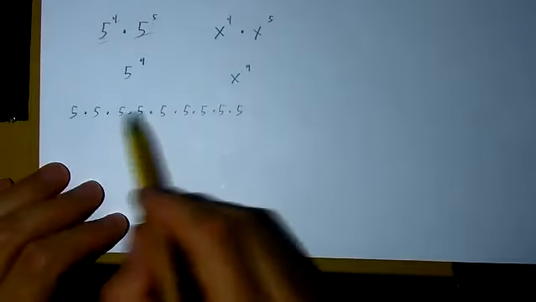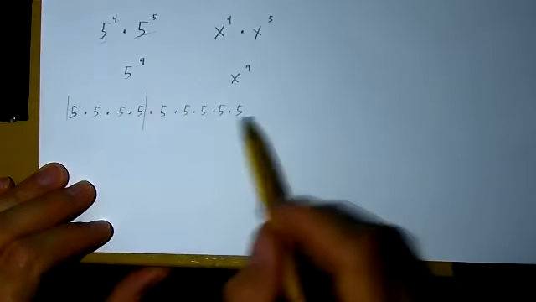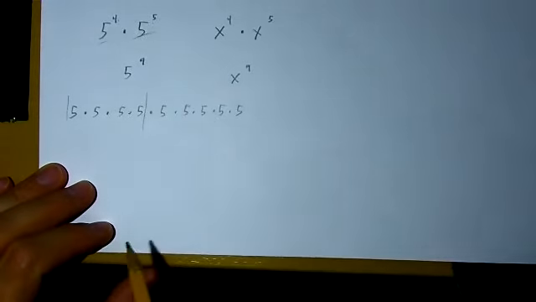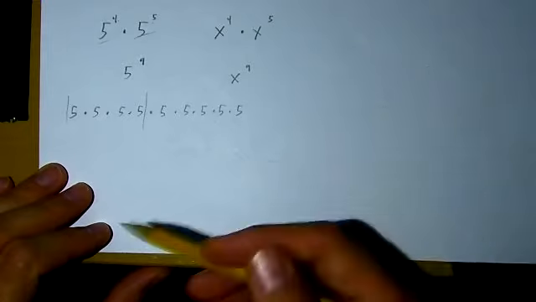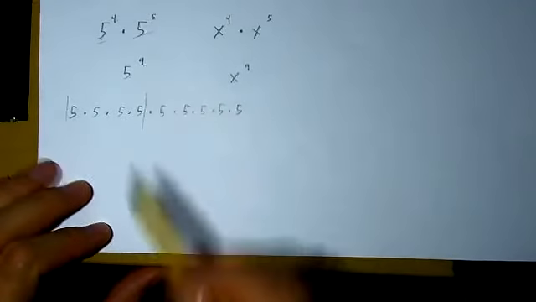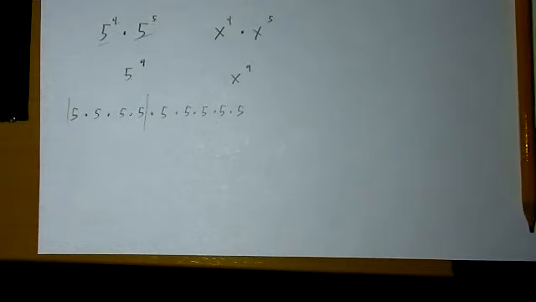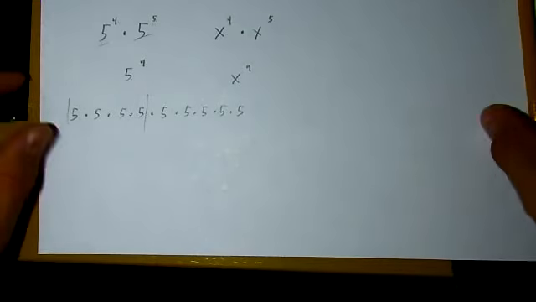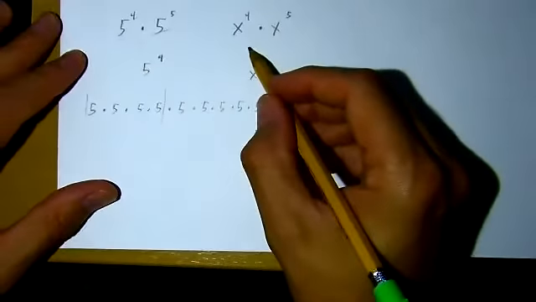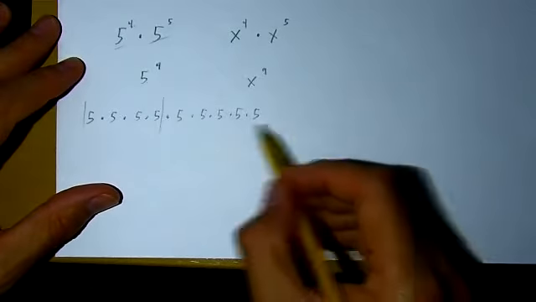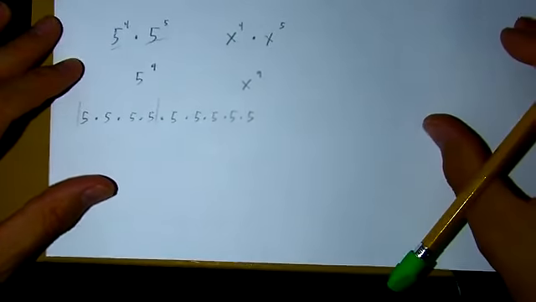So what you end up with is 4 5s here from that, and 5 5s here from that. So if you count all those together, you have 9. That's the exact same thing as 5 to the 9th. Now it would be the same thing if I wrote the x's out. I would have 4 x's, 5 x's, so you end up with 9 x's, and that's where you're getting x to the 9th.